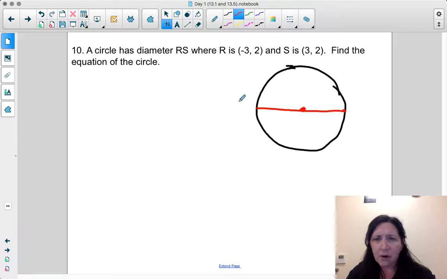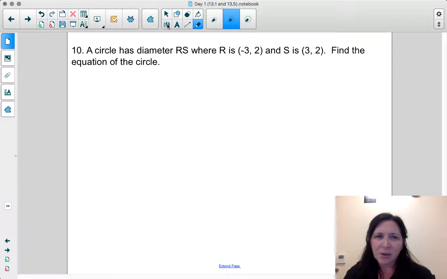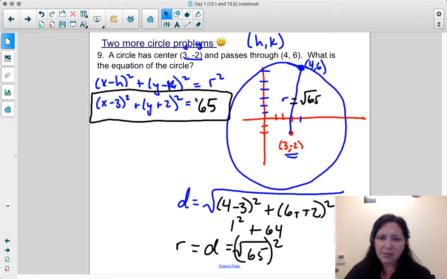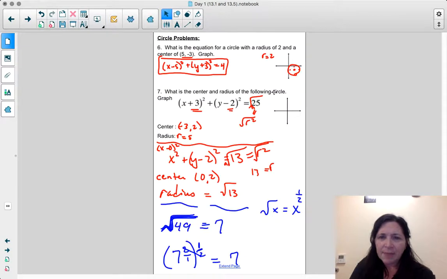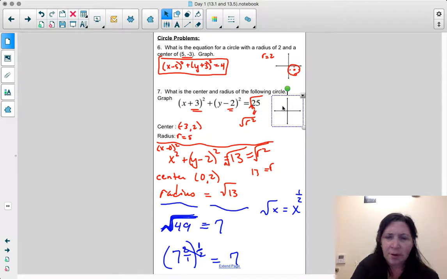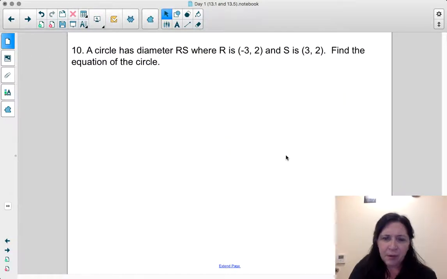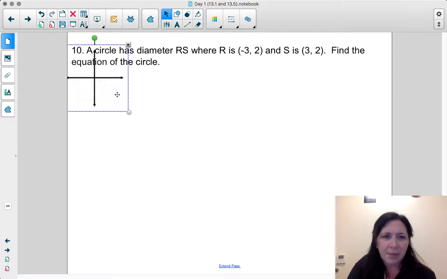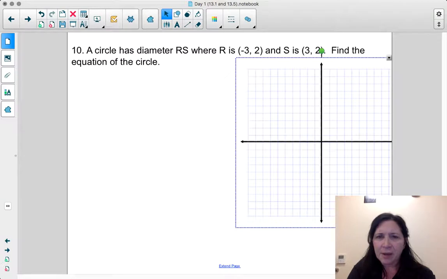Honestly, I'm just going to redraw this because I really like putting things on an axis. I'm going to copy that graph and bring it here because I want to use an axis.